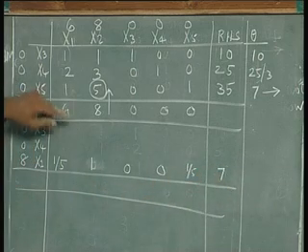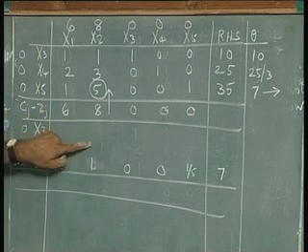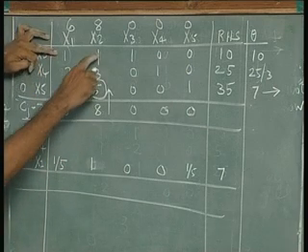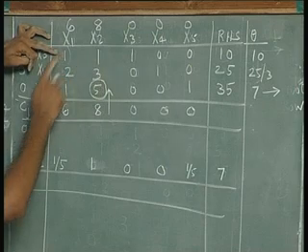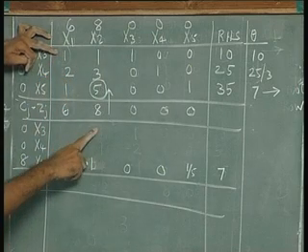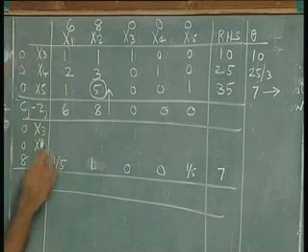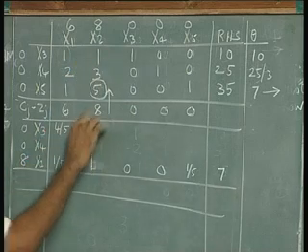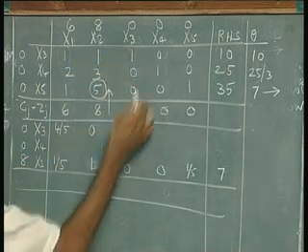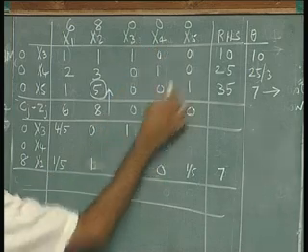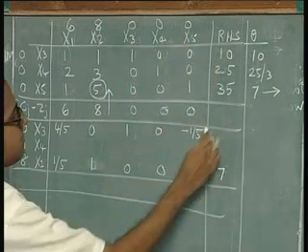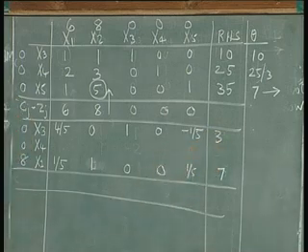Now we need a 0 here and a 0 here. The first row of the previous iteration has a 1, so this row minus this row would give us a 0 here. So 1 minus 1 by 5, 4 by 5, 1 minus 1, 0, 1 minus 0, 1, 0 minus 0, 0, 0 minus 1 by 5, minus 1 by 5, 10 minus 7 is 3.